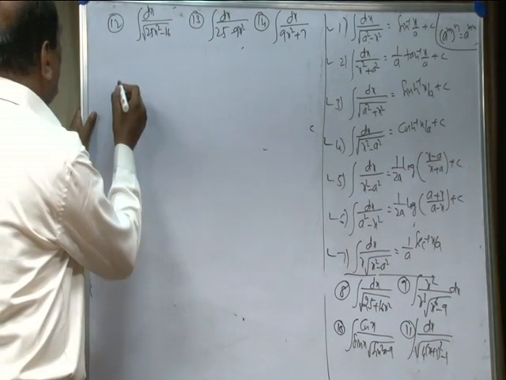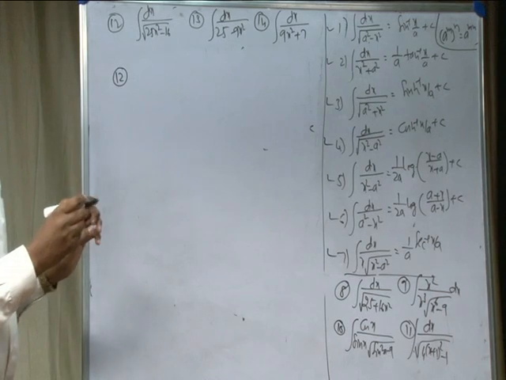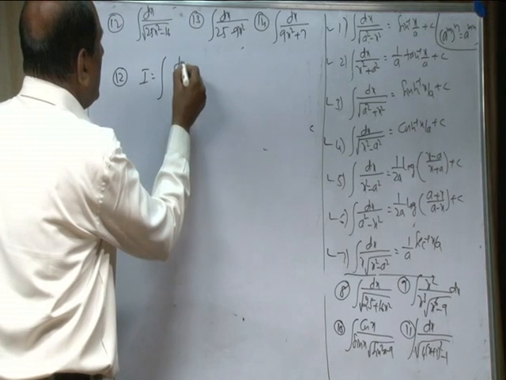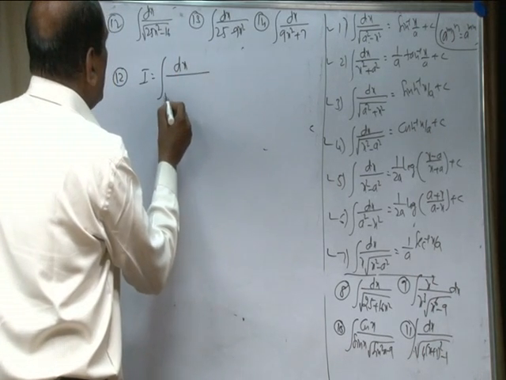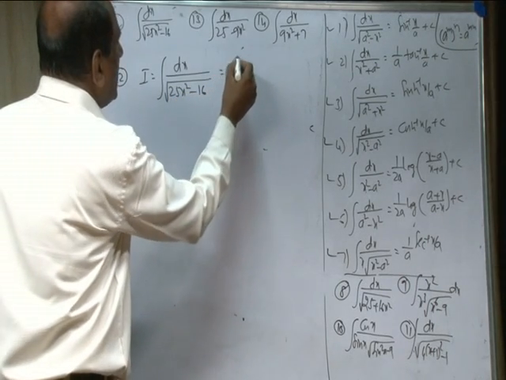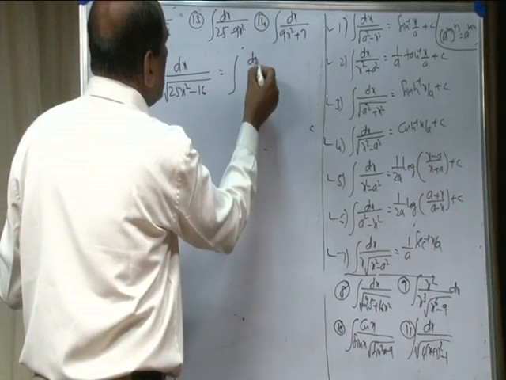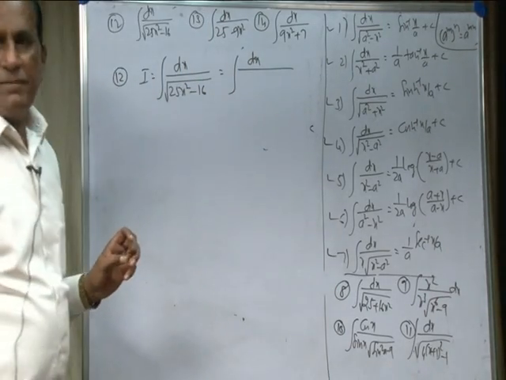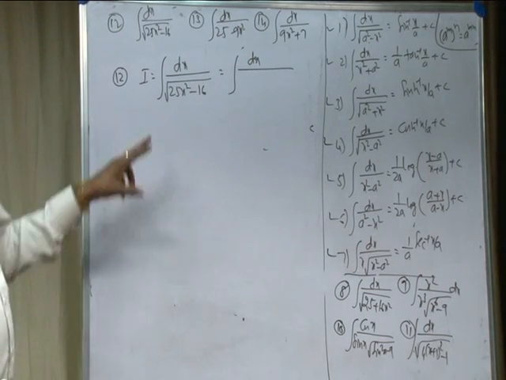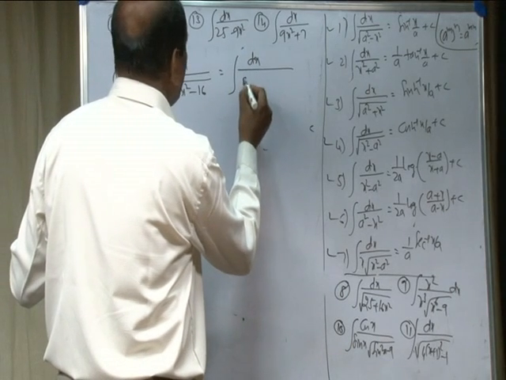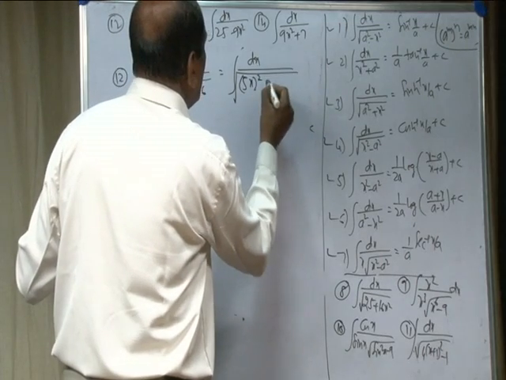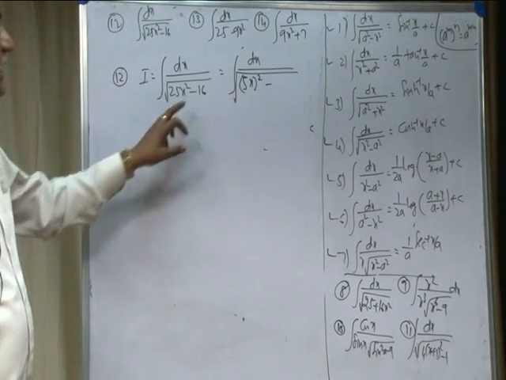So, the 12th problem: I is equal to integration of dx divided by root of 25 x square minus 16. How to write 25 x square as a perfect square under the root sign? That is 5x whole square, minus, how to write 16 as a perfect square?